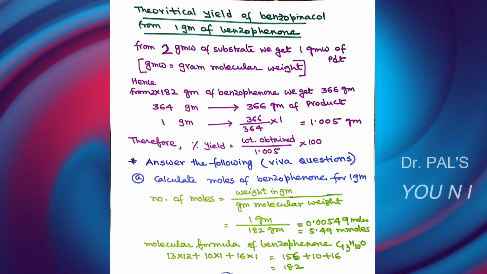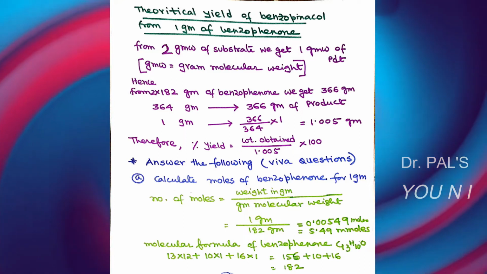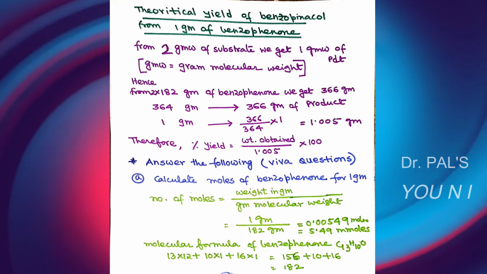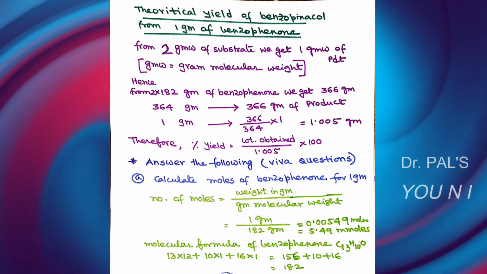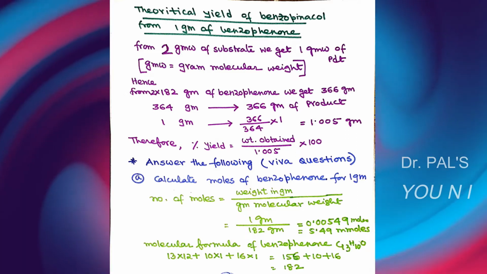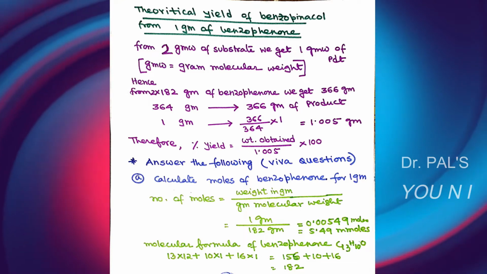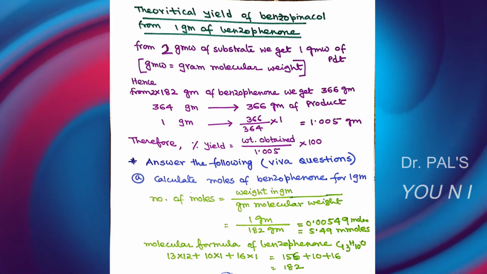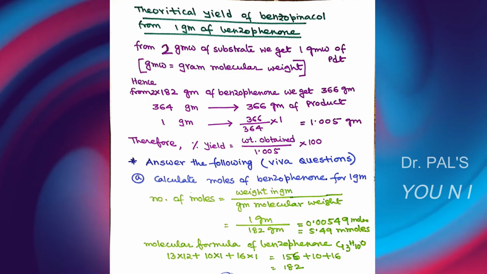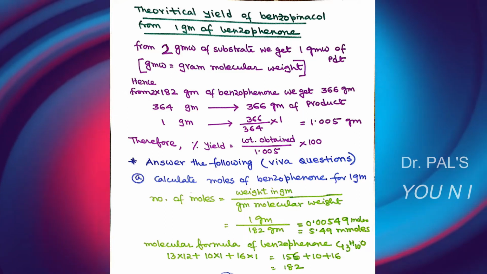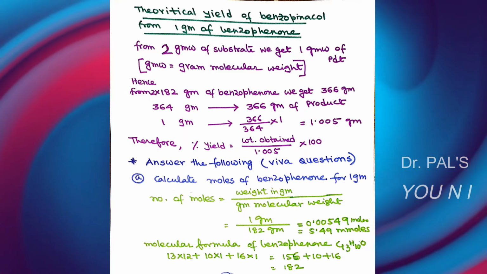So 2 into 182 grams of benzophenone gives rise to 366 grams of benzopinacol. Therefore, how much benzopinacol does 1 gram of benzophenone give? If we calculate, it comes to 1.005 gram.